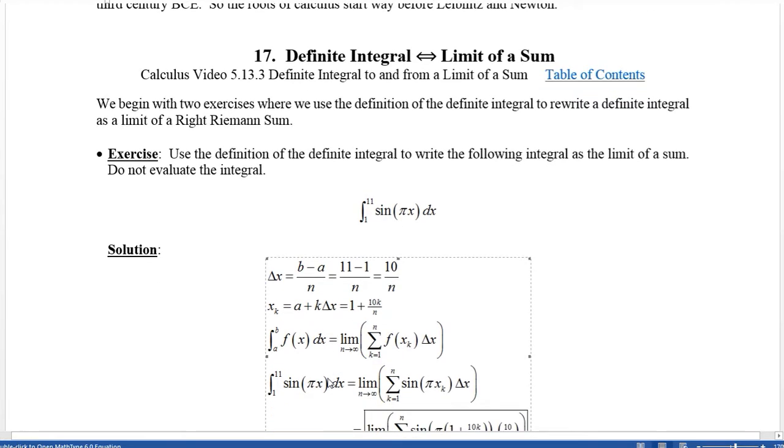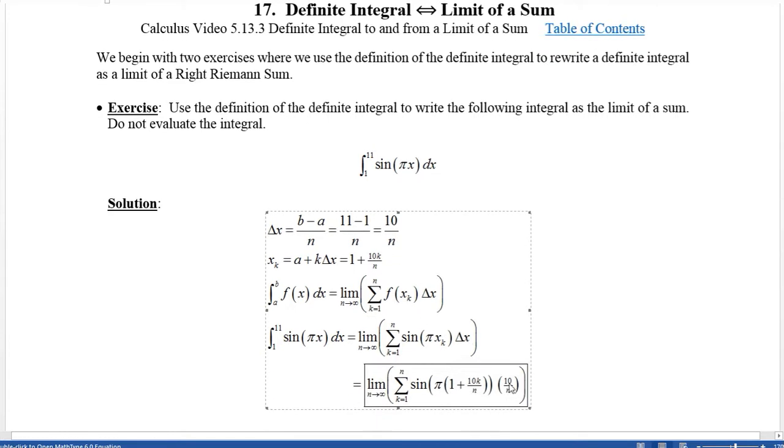So now just substitute in what we know. The function is sine of pi x, so f of x sub k is sine of pi x sub k. So that limit is what we have. Now let's go a step further. Delta x, remember, is 10 over n, so we can put that out front. And we can go another step further.